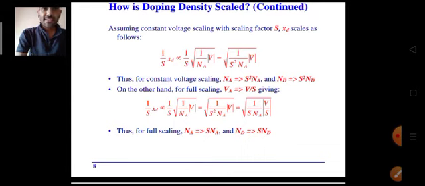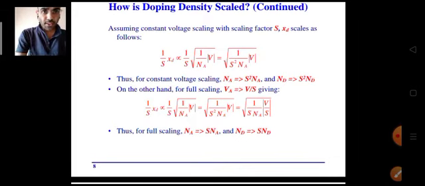And if you do it for full scaling, or constant field scaling, you can write it separately. If you write one s with Na and the other s with V, the equation becomes the square root of 1 upon s Na into V by s, mod of V by s. So the new doping concentration will be s times Na, if your earlier doping concentration was Na, and your voltage will be divided by the factor of s.